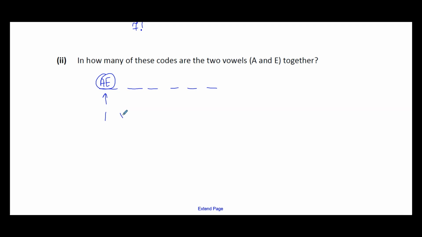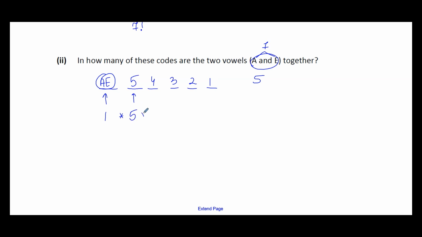If out of 7 letters I remove 2, I am left with 5 letters. So for the next place, I have 5 options. And then the rest is the same: 4, 3, 2, and 1.